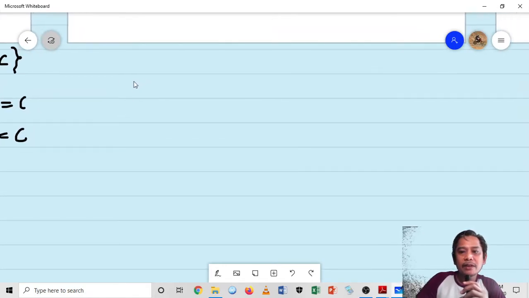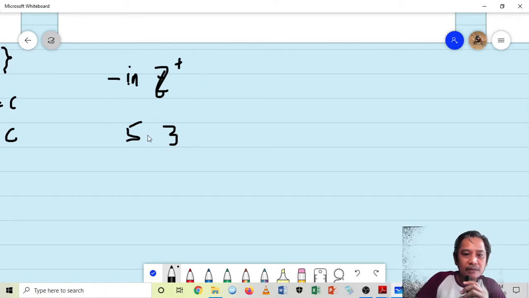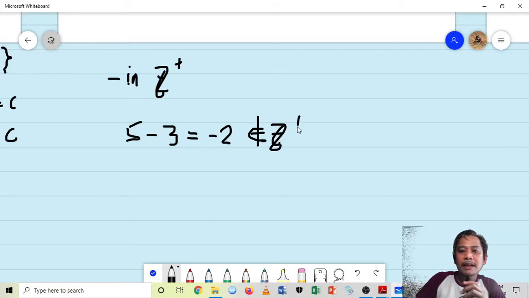Take for example, subtraction. Recall that although 5 and 3 are both in Z plus, if you apply subtraction there, the answer would be -2, which is not an element of Z plus.